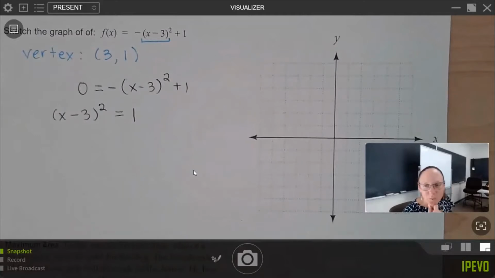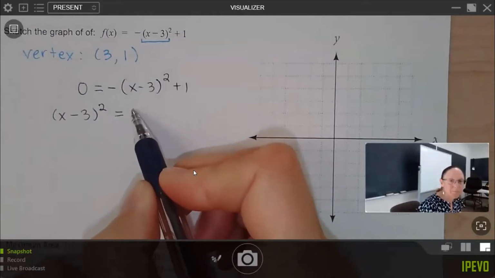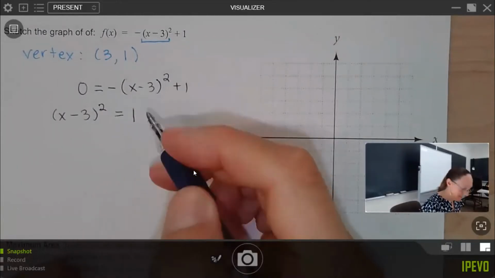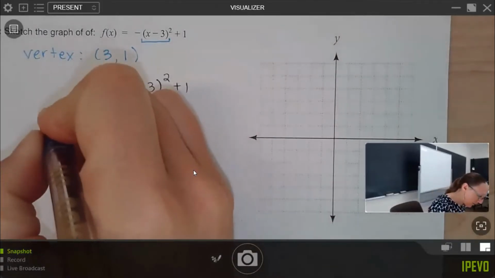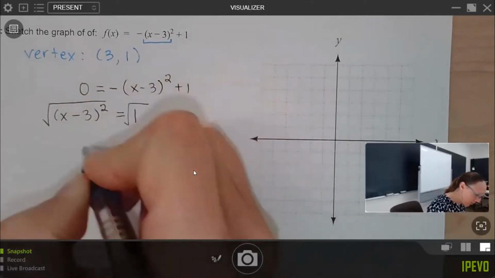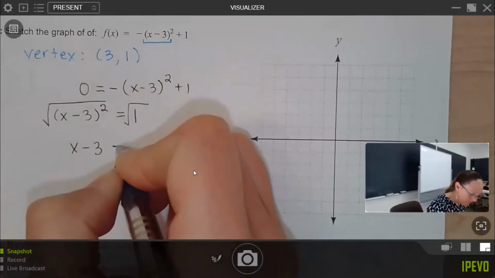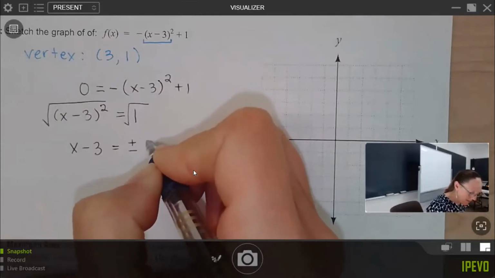We can just take the square root of both sides, as long as we remember that when we take the square root of both sides, we end up with either a positive 1 or a negative 1. So if we take the square root, we get that x minus 3 is equal to plus or minus 1.